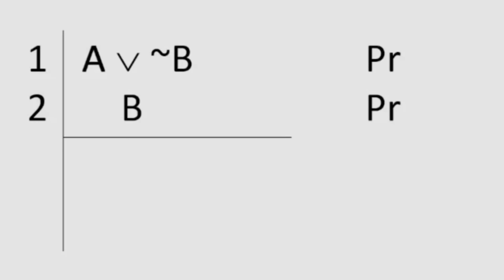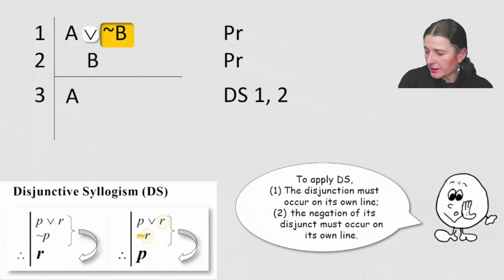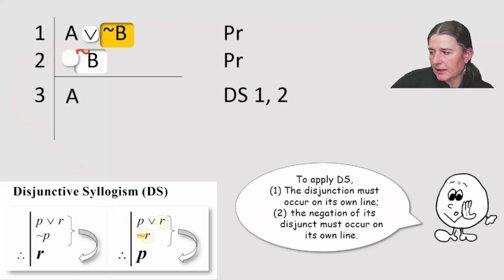Some students are tempted to derive A, in this case, by disjunctive syllogism. So given the disjunction A or not B, and B, after all, B and not B are negations of one another, they're tempted to derive A. But that's an error. That's a misapplication of disjunctive syllogism, because the rule requires us to have the negation standing on its own line.